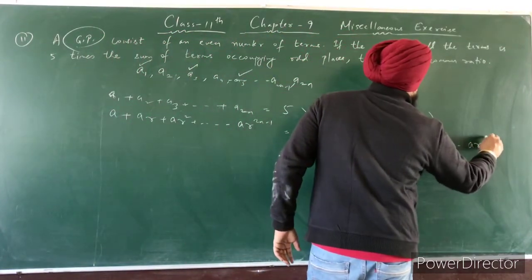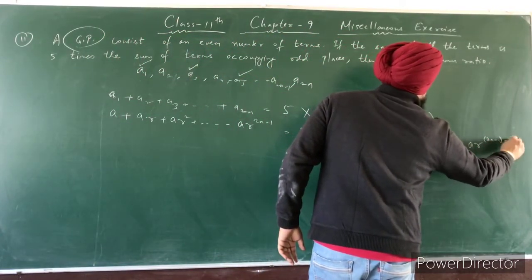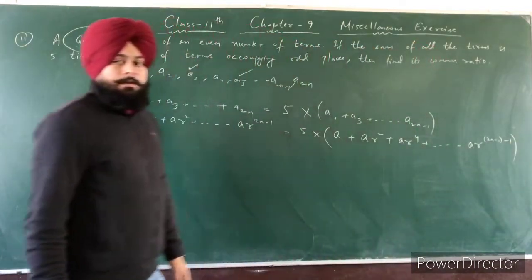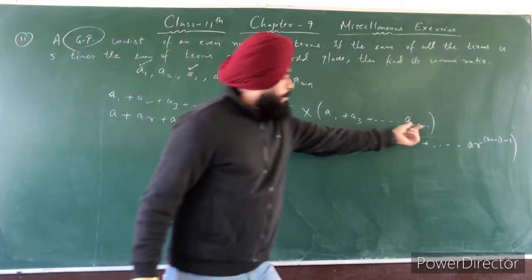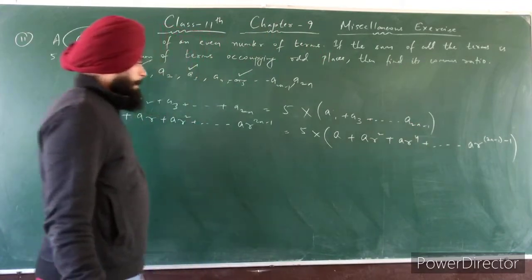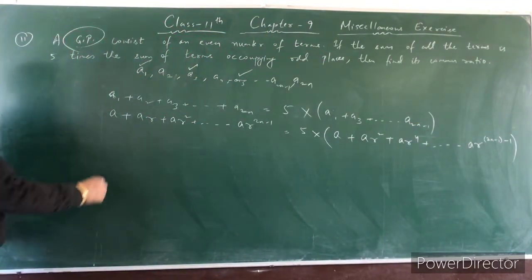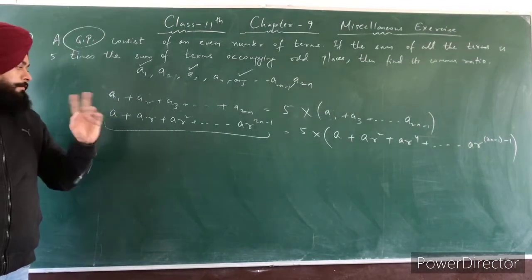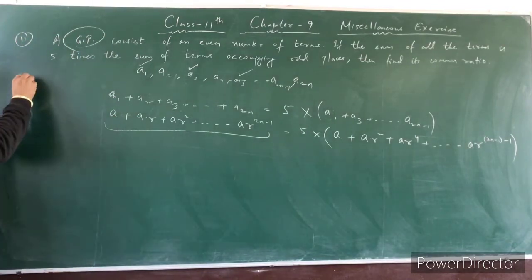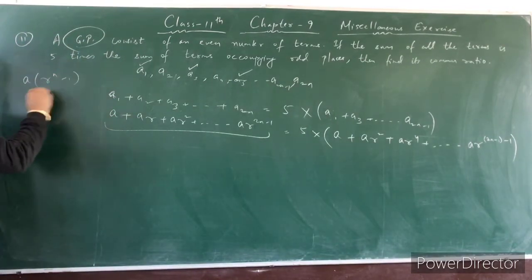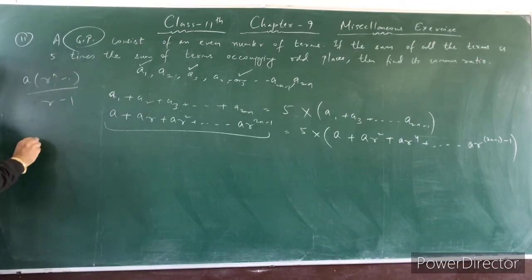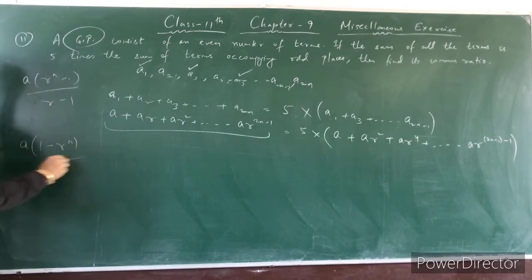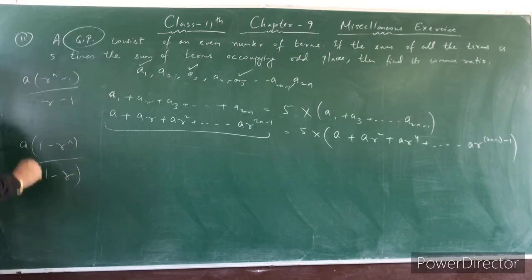And the last term is how much? It is ar to the power 2n minus 1 minus 1, because here the last term number is 2n minus 1. Now the series is given in GP, so there are two formulas: a(r to the power n minus 1) over r minus 1, and the second one, a(1 minus r to the power n) over 1 minus r.